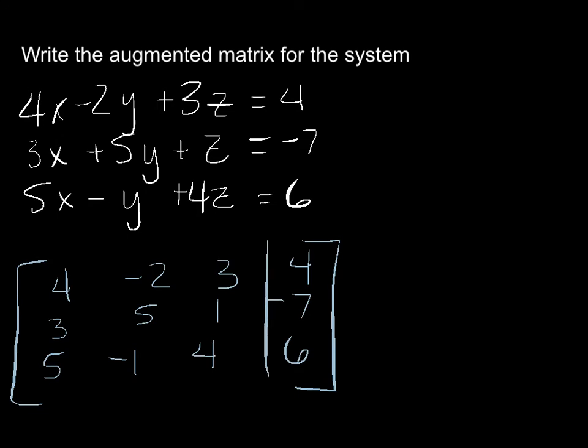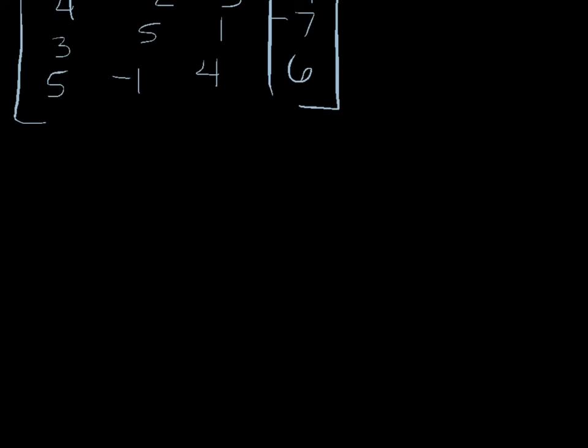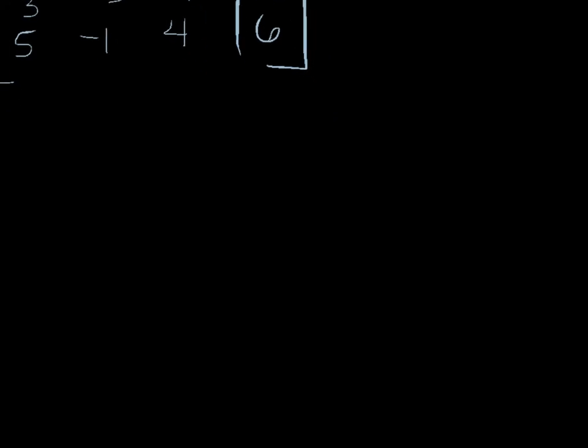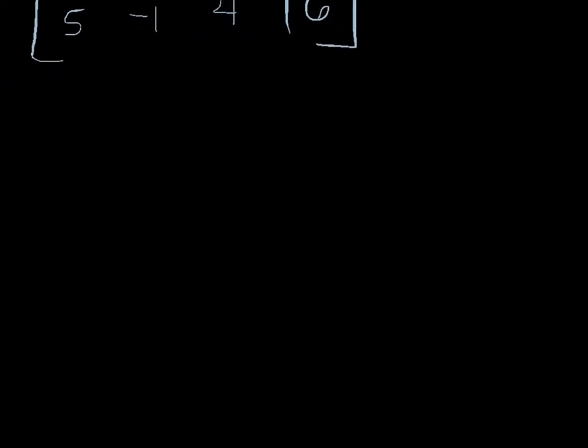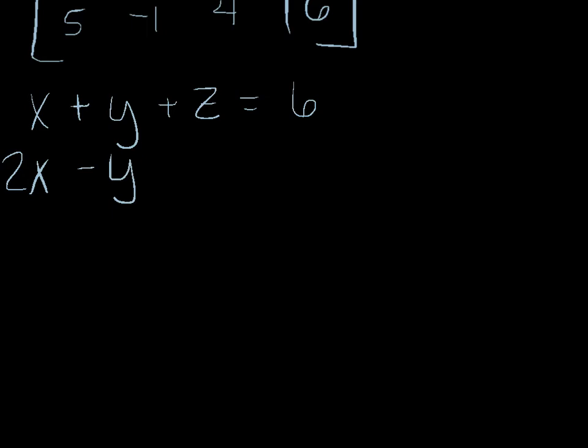Now make sure if you had a system like this, let me scroll down here. What if I had a system like this, x plus y plus z equals 6, 2x minus y equals 3, and y plus 3z equals 0.